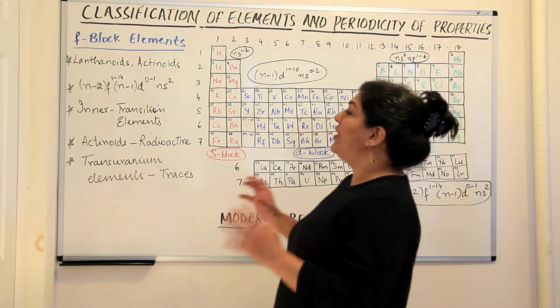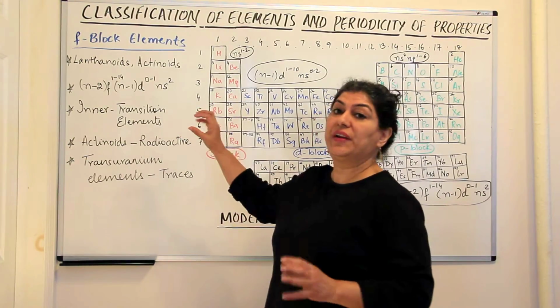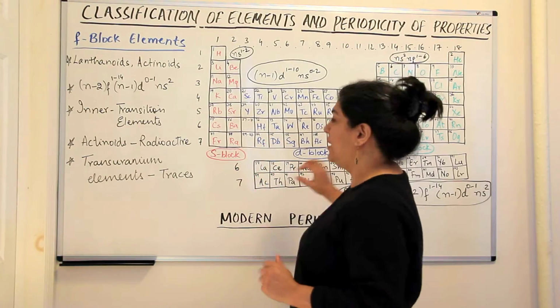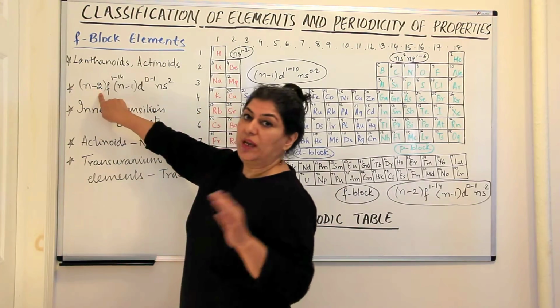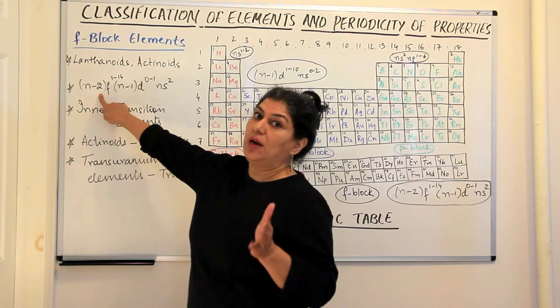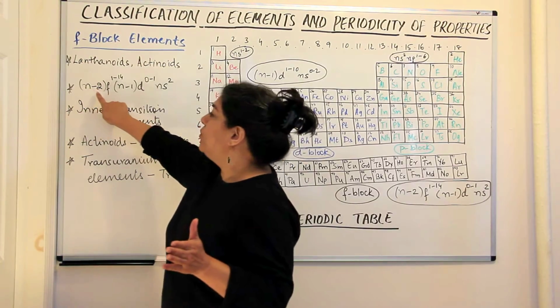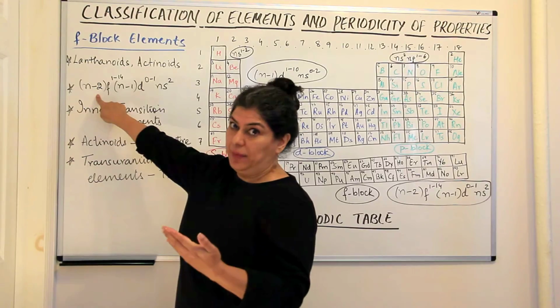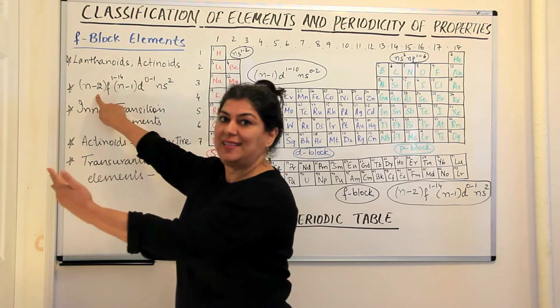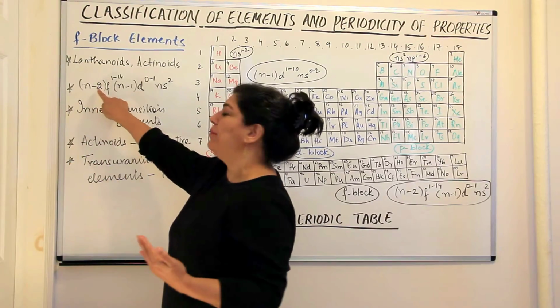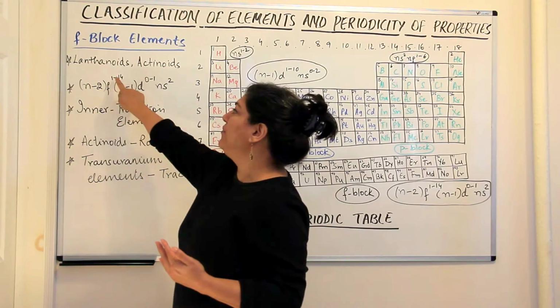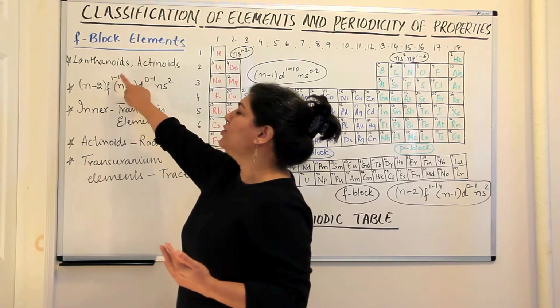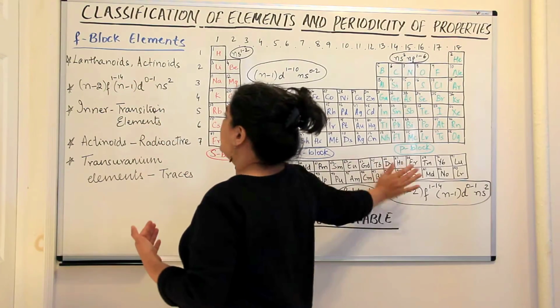So what is the general electronic configuration of the F block? If n is the principal quantum number of the outermost shell, then one shell less would be n-1, and another shell less than that would be n-2. The F orbitals of n-2 are being filled up, that is, electrons from 1 to 14 are being filled here.